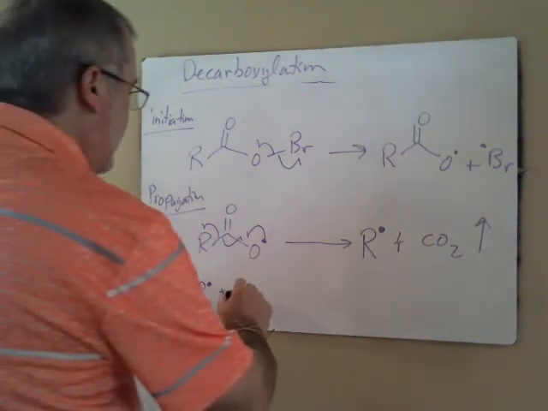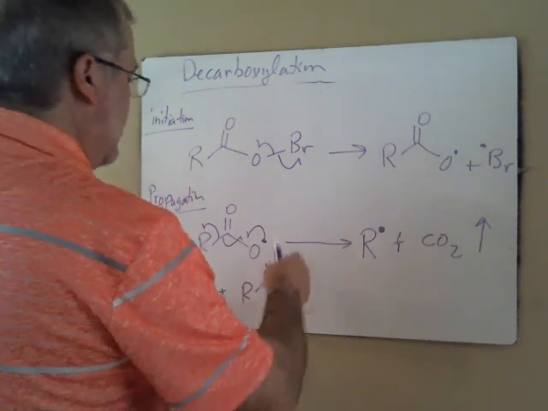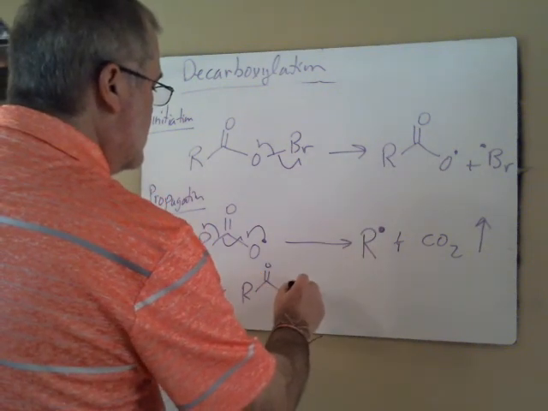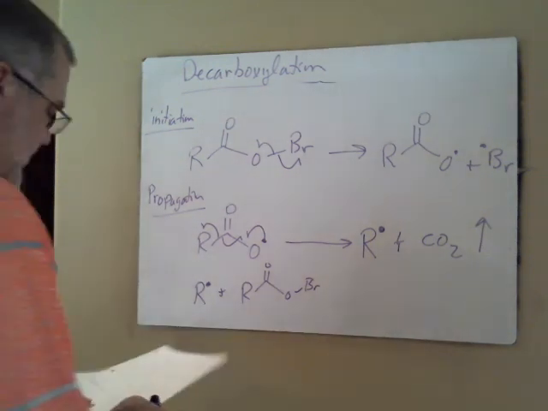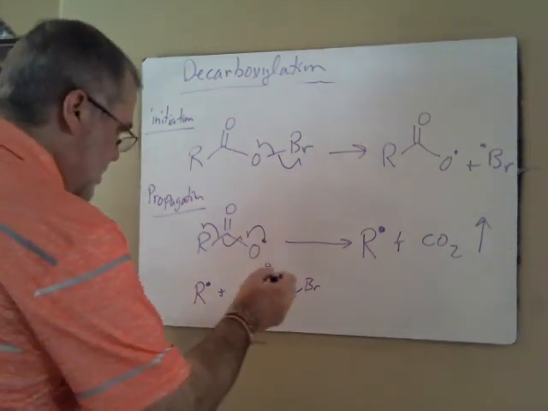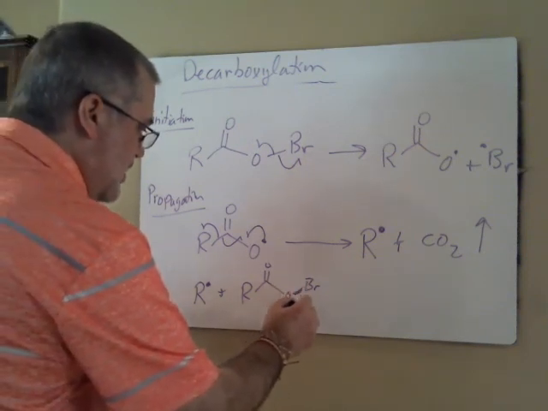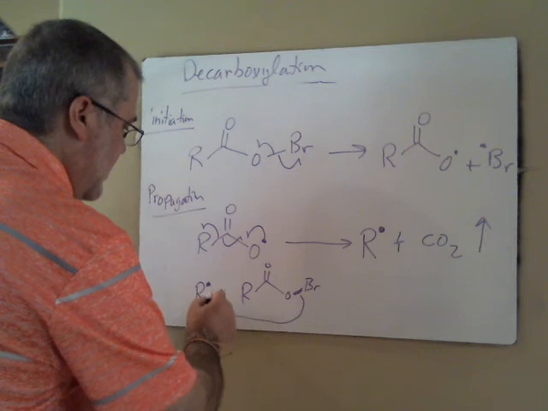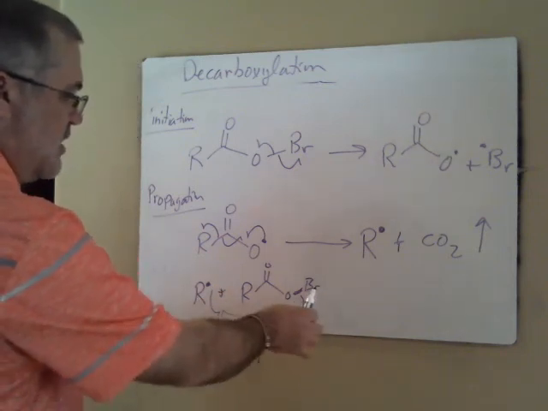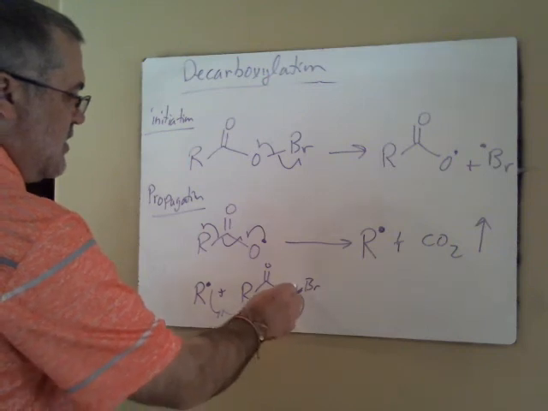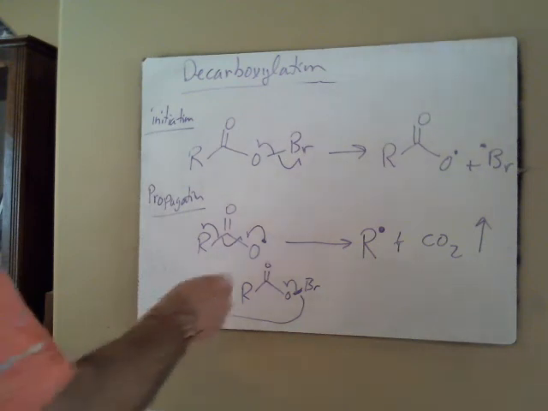That's going to react with another of these acyl hypobromite. And you can imagine you're going to homolytically cleave this bond. One electron from that bond is going to come over here to homolytically form a bond between the R and the bromine. The other electron is going to move out to form that carboxyl radical.